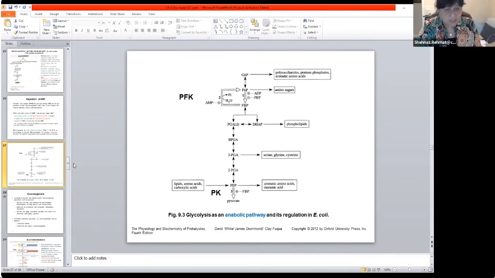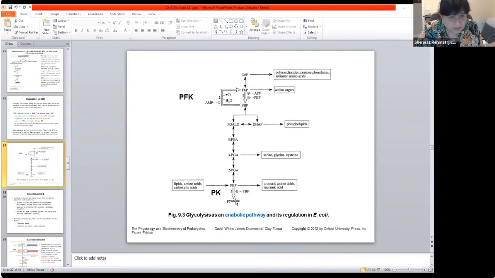That means a synthesis pathway, because gluconeogenesis, which is almost parallel to it, with most of the enzymes being the same, is an anabolic pathway. So glycolysis is also an anabolic pathway, meaning glucose can be synthesized.